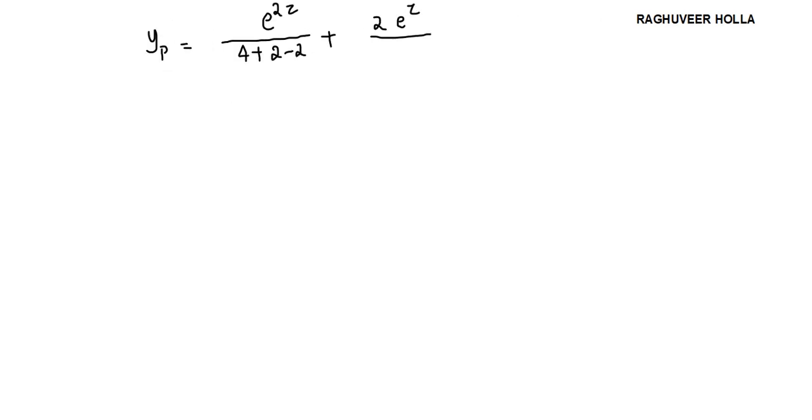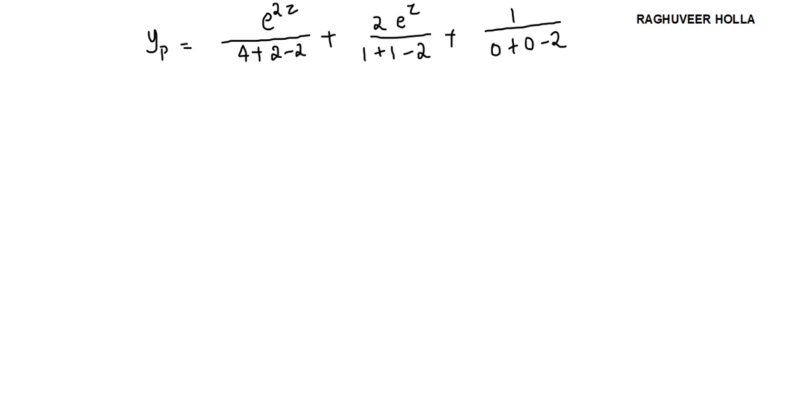So I get this as 1, this is 1 again, and minus 2 and another 1. Now e to the power of 0z, which is 1, so let us substitute that. So this would be 1 plus 1 minus 2, which is 0.